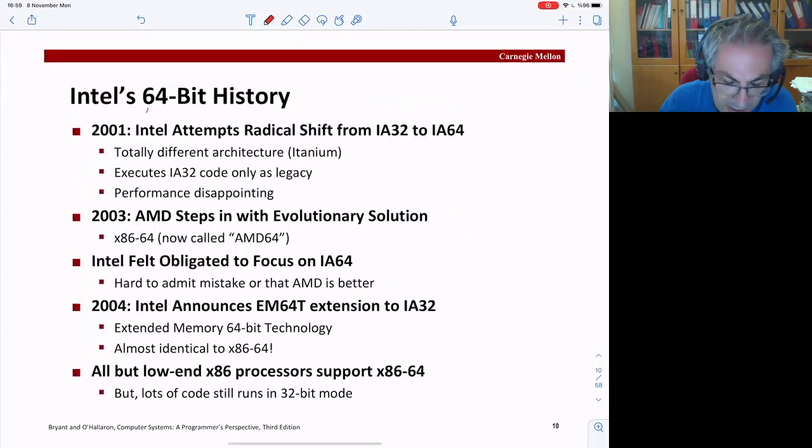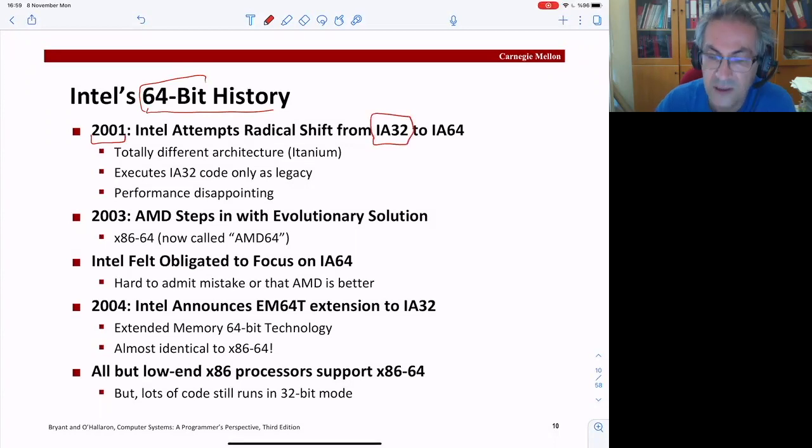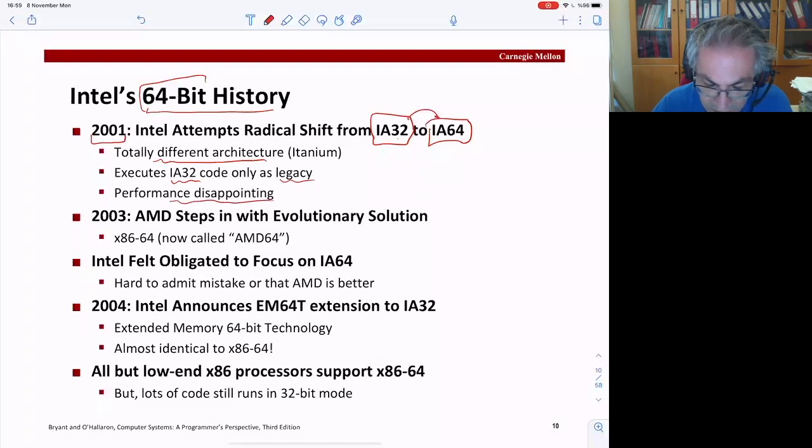From Intel's point of view, it had a rough time when it was switching to 64-bit. In 2001, Intel wanted to move from IA32. Remember, it tried to remain backward compatible with its previous processors. So it said, I'm moving from IA32 to IA64, so it's 32 to 64. It was a completely different architecture, and used IA32 code only as a legacy, but the performance was very disappointing.